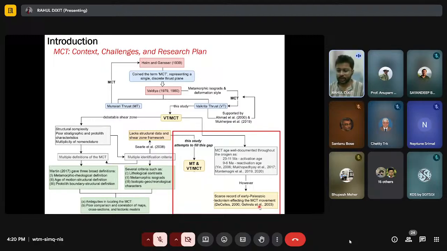According to them, there is also a possibility that the total displacement that has occurred along the main central thrust may include a significant amount of pre-Cenozoic displacement. But since the results regarding this aspect of early Paleozoic tectonism are not yet finalized in my study, I will not be discussing much about it. So basically, we'll be focusing mainly on the structural aspect of the main central thrust.